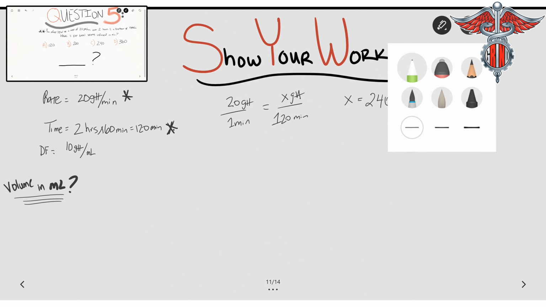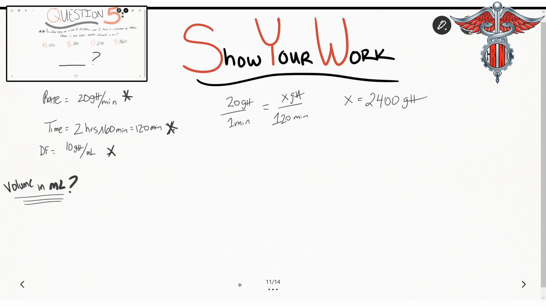Well, what about this third piece of information over here? We know our drop factor is 10 drops per mL. It looks like we may very well be set up for another round of cross multiplication. We now know that we have a total of 2,400 drops. Since drops are on top on the left, let's put our drops on top on the right, and we are solving for X mLs.